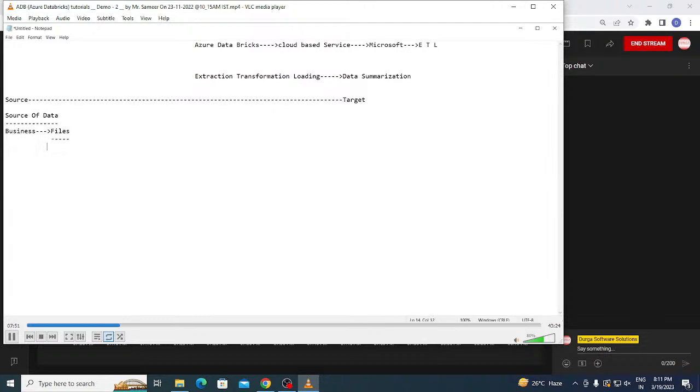We can have Excel files, and we can have CSV files, which stands for comma separated value files. You have JSON files. JSON stands for JavaScript Object Notation files.